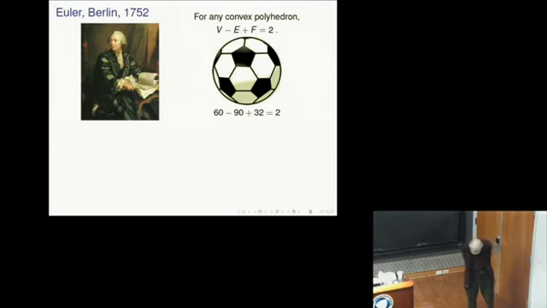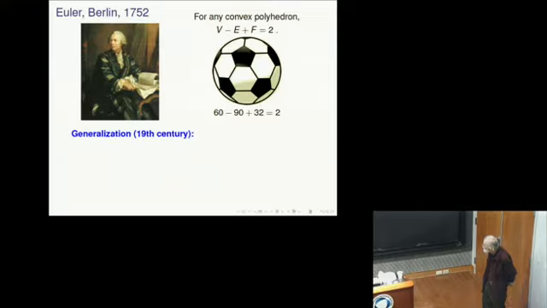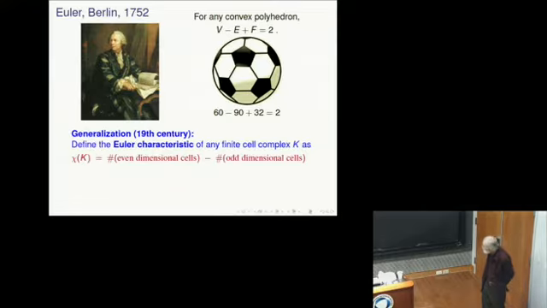Well, the first thing I described to you was perhaps important as a first paper in graph theory, but it didn't have much impact on topology. On the other hand, this has had a fundamental impact on topology. It's a basic invariant, which comes up in many different places.